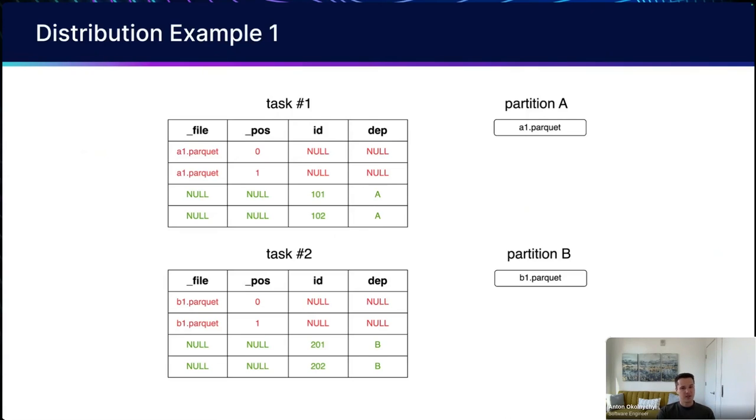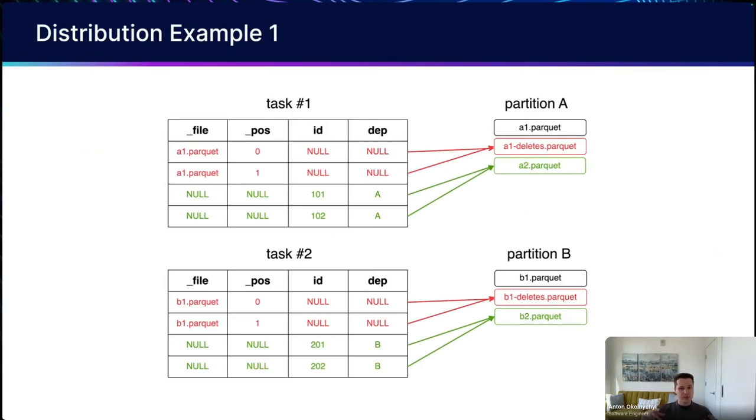This is a happy scenario because all of the changes for partition A are in task 1, and all of the changes for partition B are in task 2. So once we write this out, each task would only write to one partition.